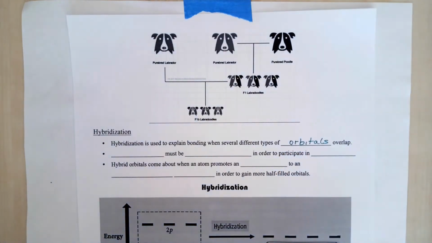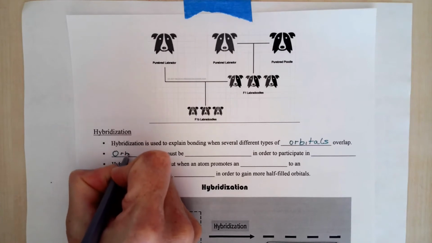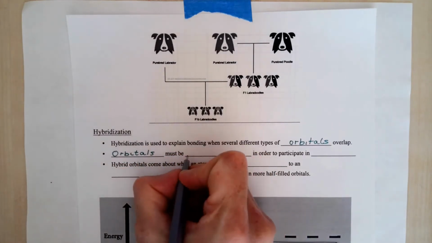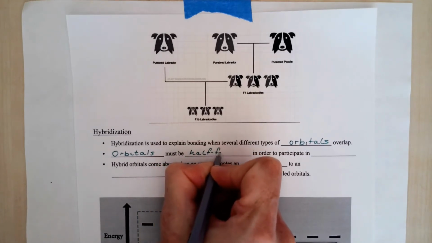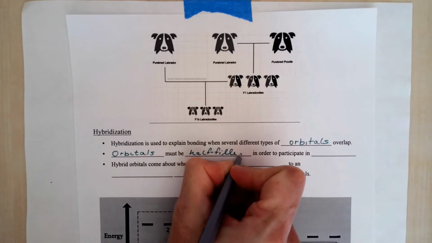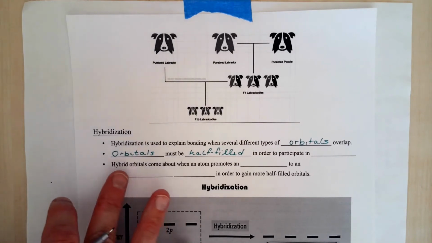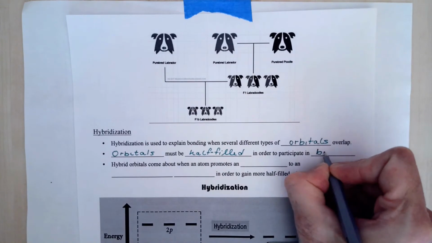The caveat is that these orbitals must be half filled. They must contain one electron. And remember, each orbital can contain a maximum of 2 electrons. So the orbitals must be half filled in order to participate in bonding.